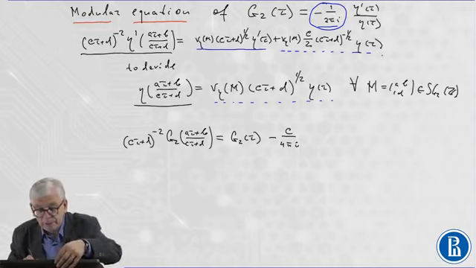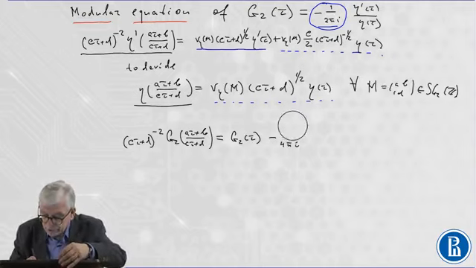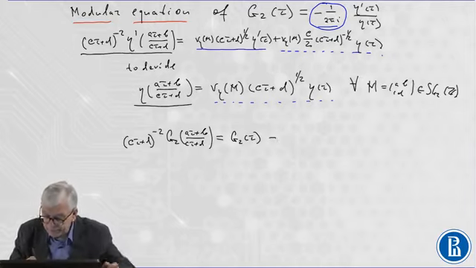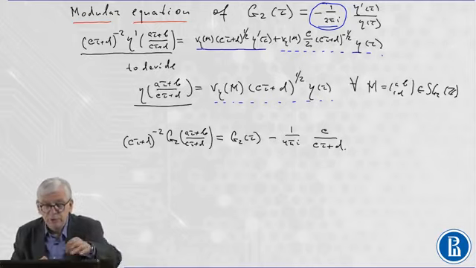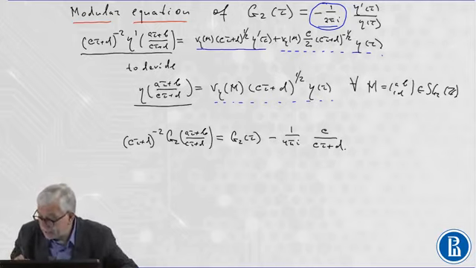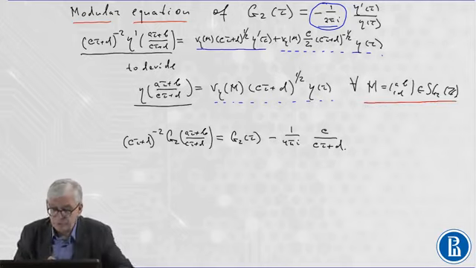Maybe I change a little the form of this factor: 1 over 4 pi i times c over c tau plus d. And this is true for any M in the modular group.